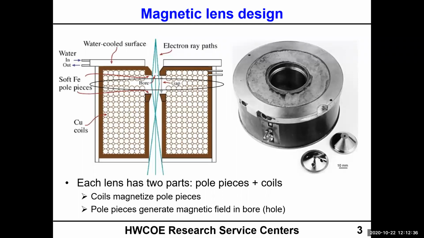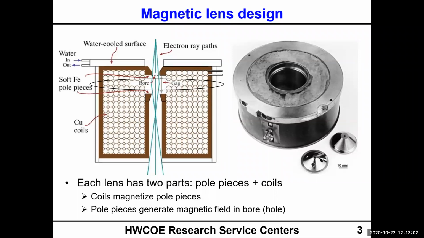Your basic run-of-the-mill magnetic lens looks something like this. It's got basically two parts. Over here these cone-shaped things are pole pieces. These pole pieces fit inside this hole here, which is basically a cylinder that contains a bunch of coils of copper wire.